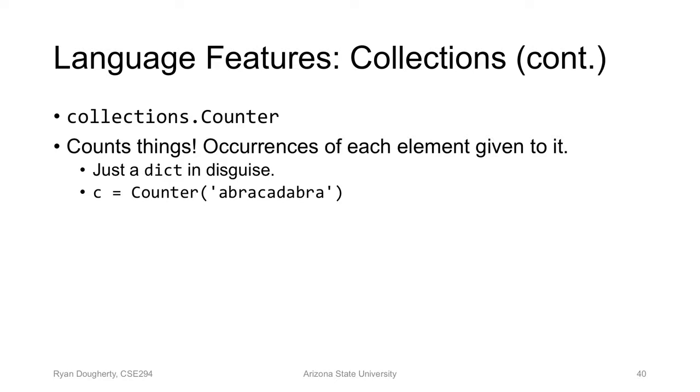In this case, it's abracadabra, a string, and it'll count the occurrences of each element in the sequence that you're given. So here, since each element is a string of length 1, it'll count A, B, R, C, and D. So those are the keys that you should see.